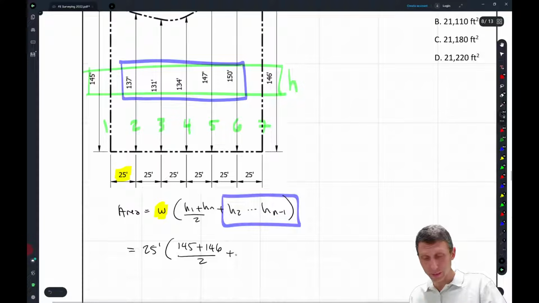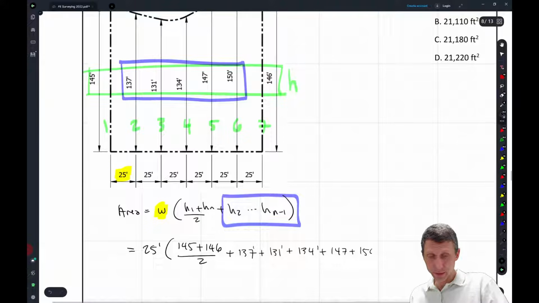So I'm going to take this times 137 plus 131 plus 134 plus 147 plus 150.